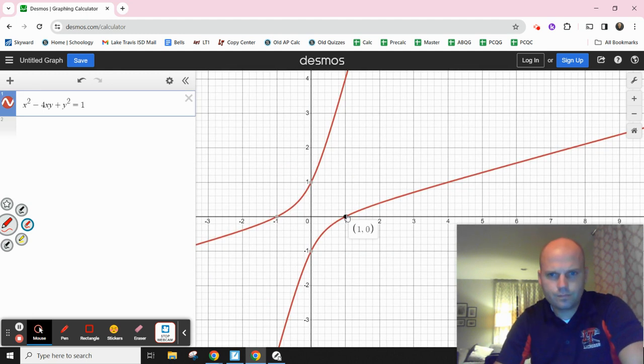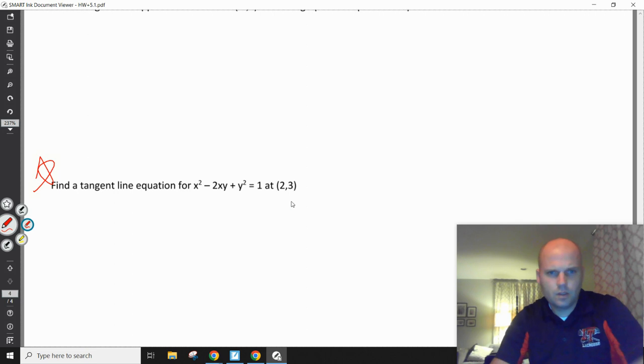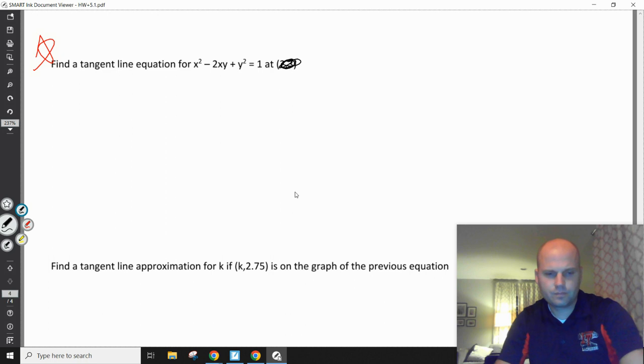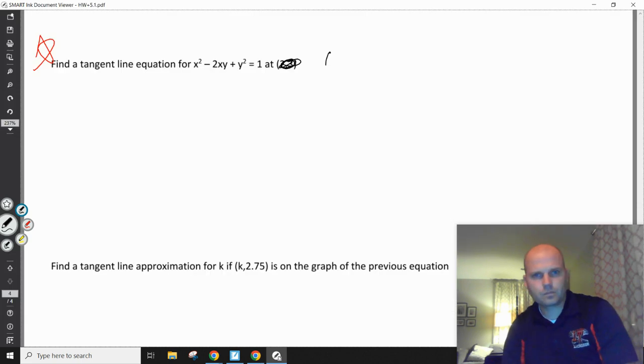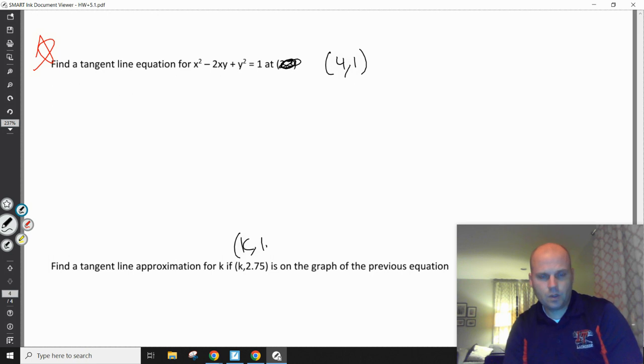Cool. And let's talk about the point 1, 0 or something. Simple. About the point 4, 1. And we will approximate 0.75.